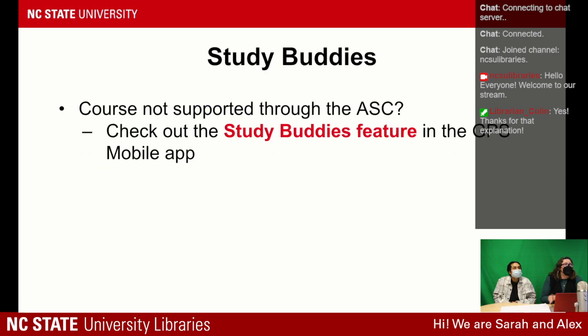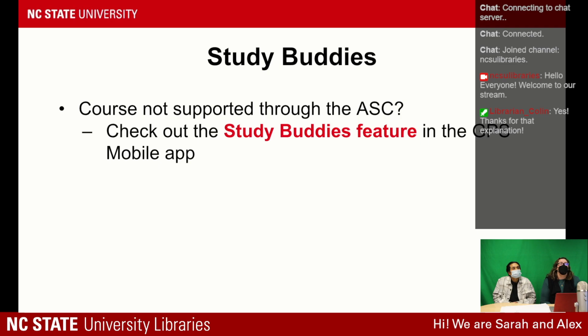And then I just wanted to briefly mention Study Buddies too. Alex mentioned it can be challenging to feel connected to campus. Study Buddies is another really great way to meet people in your classes and actually form study groups. If you have your GPS mobile app, you can click on the Study Buddies feature, and that gets you connected with any other students in your class that mentioned they wanted to meet up and form study groups too.